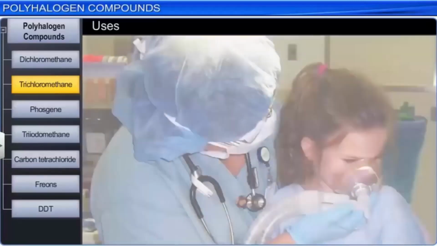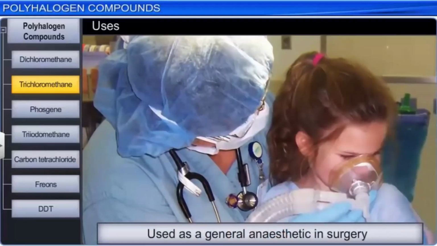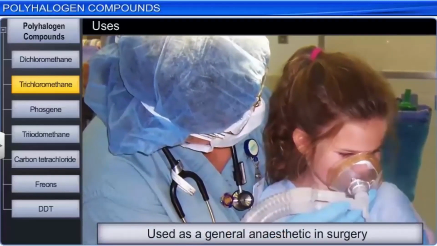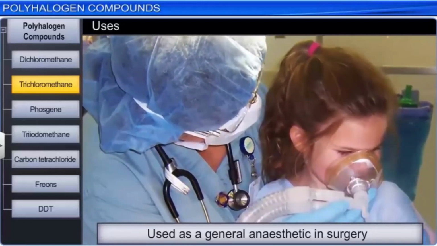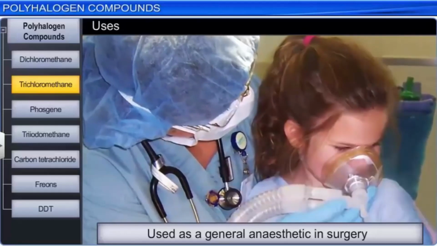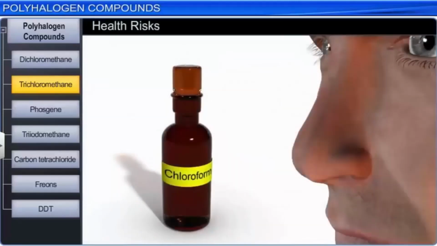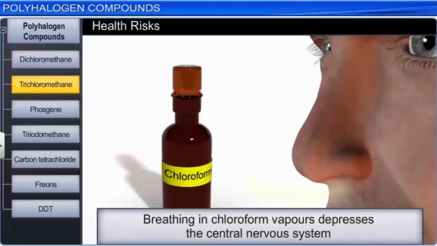Chloroform was once used as a general anesthetic in surgery. However, this use has been discontinued as there are a number of safer alternatives. Exposure to chloroform can cause serious problems to human health. Breathing in chloroform vapors depresses the central nervous system.